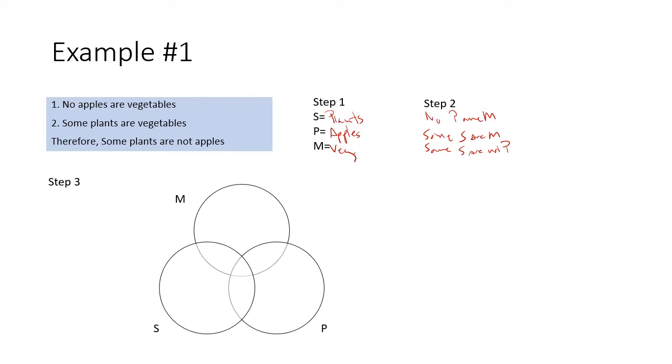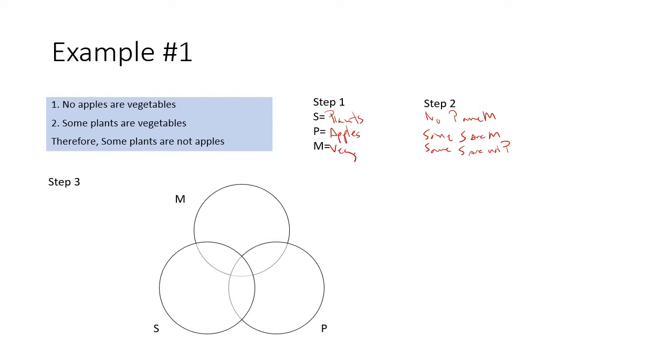The third step is to draw a picture of the 2 premises. So in this case we have a universal negative and a particular affirmative. Universal negative is shaded in a football. A particular affirmative is an X in a football, and you always do the universals first.